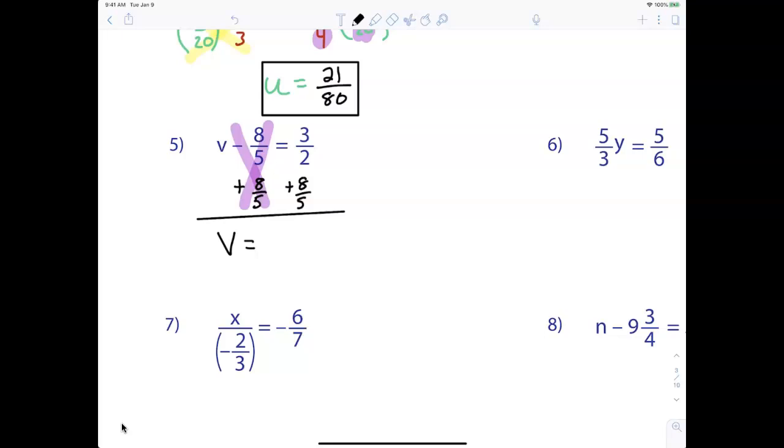Common denominator is 10. I'm just going to show all the work. 10, 10, multiplied by 5, multiplied by 5, so that's 15 over 10, multiplied by 2 over 2, that's 16. Then you add 15 plus 16, which we know is 31 over 10.